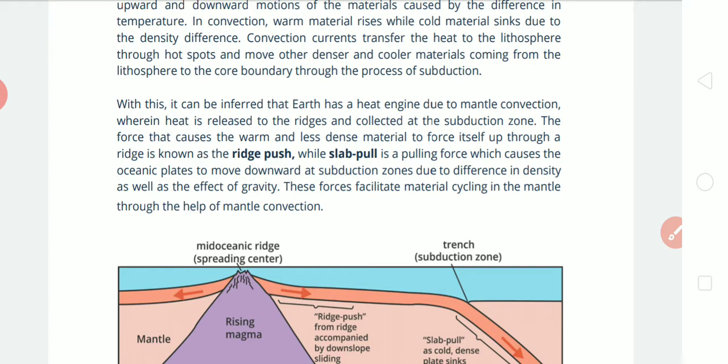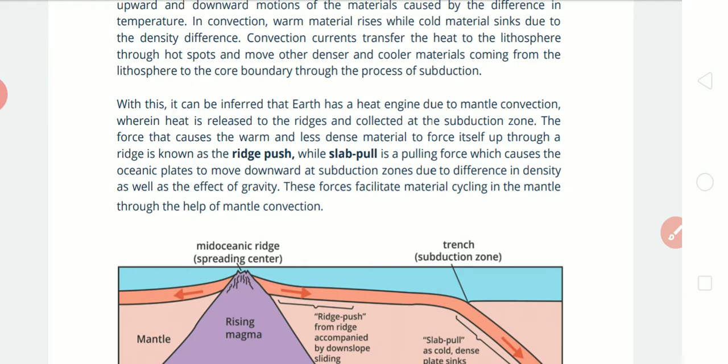So siya ang force nga mobira. Kung kanina sa ridge push, siya ang force nga mo-push sa mga lighter materials and warm materials to go upward. Itong slab pull, siya naman ang force nga mo-pull the materials downward.